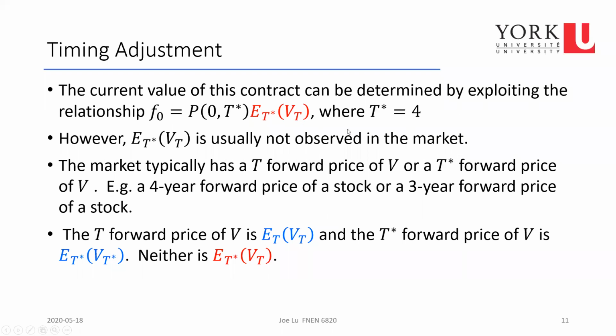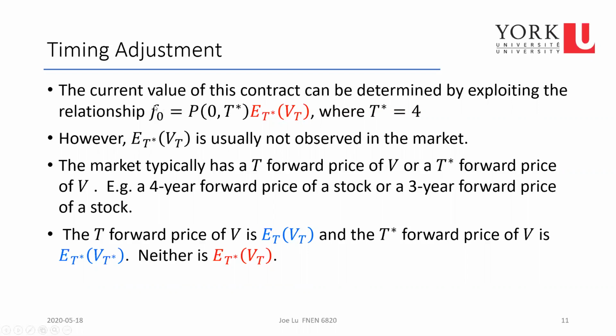Now, why is that the case? Normally, if we set up from an equivalent martingale approach, we use a zero coupon bond as numeraire. If the payment is paid at T star, you would choose a zero coupon bond that matures at time T star as a numeraire.